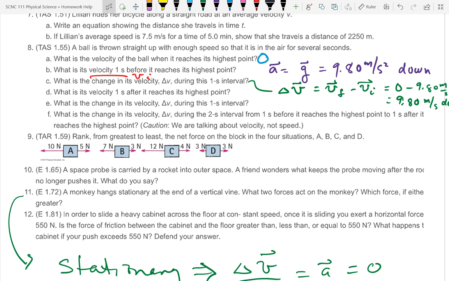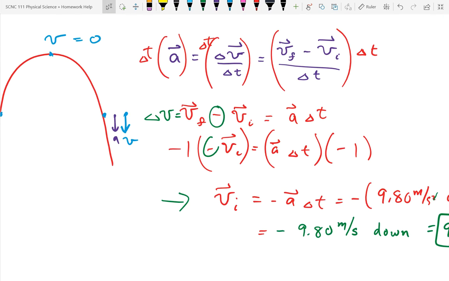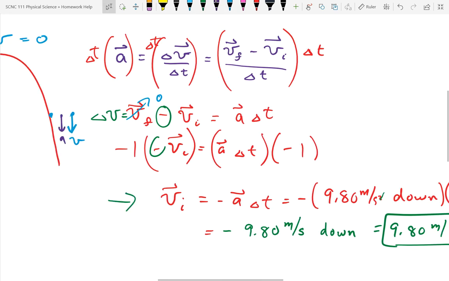Well, now the next one is asking what happens 1 second after the peak. So 1 second after the peak, now our velocity initial is going to be at the peak, and our velocity final is going to be 1 second later. And so I come back to the calculation that I did here, and the only difference is, because I erased it, that was 0, the velocity final.